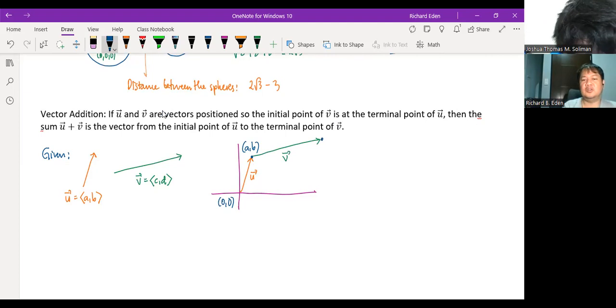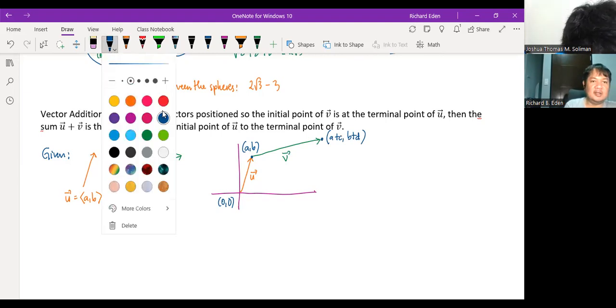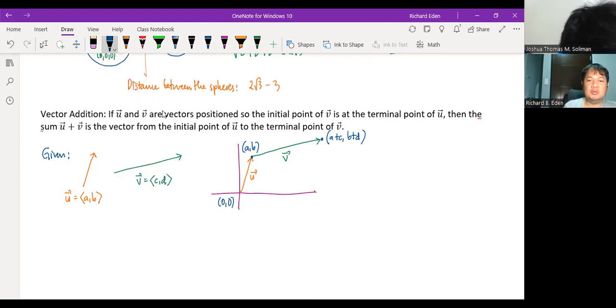Well, the difference of the corresponding coordinates between this terminal point and the initial point A, B of vector V should be the components C, D. So therefore, this point has coordinates A plus C, B plus D. And the definition says the sum U plus V is the vector from the initial point of U, which is here the origin, to the terminal point of V. So this is the vector U plus V.